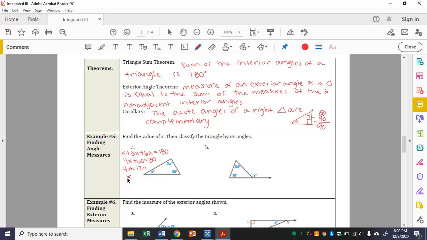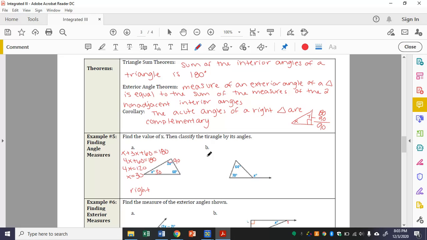When we divide, x is equal to 30. I want to go back. We found the value of x, but I also want to classify the triangle by its angles, which means I need to know what these angles are measured at. So this angle x will be 30 degrees, and if this is 3x, this angle up here will be 90, which means this is a right angle. So we have a right triangle.